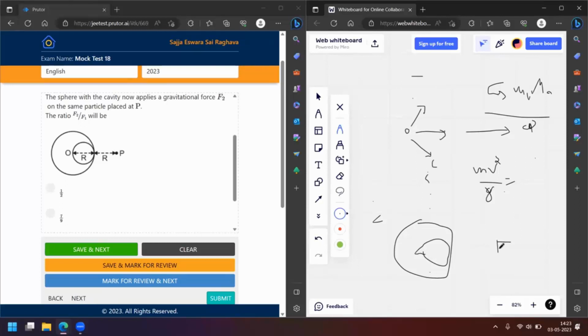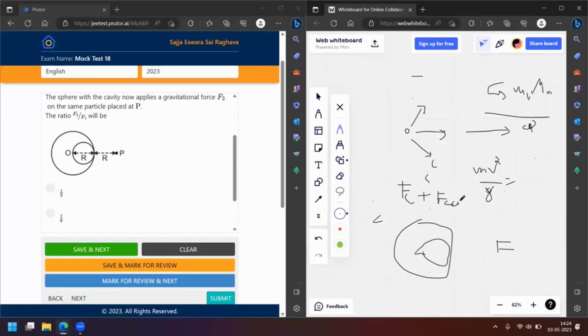So the force F at O of the complete sphere can be resolved as the force due to the material with the cavity plus the force due to the cavity material.